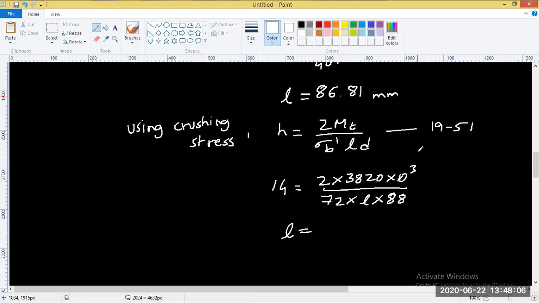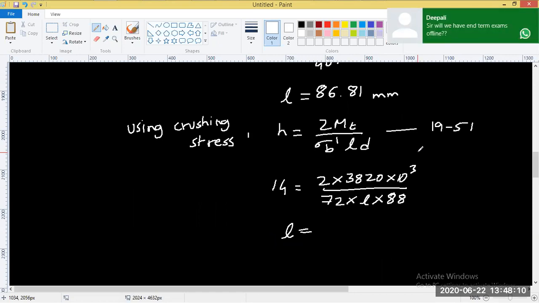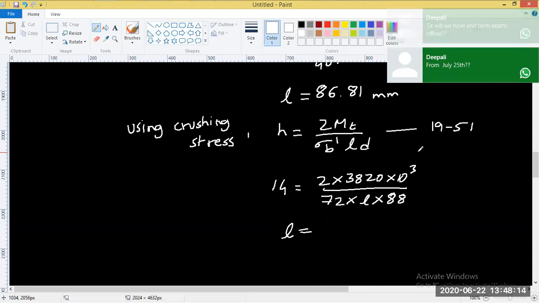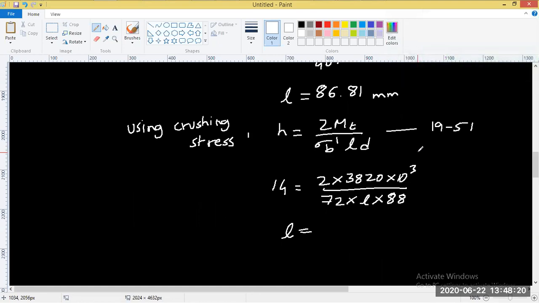So this divided by we have 72 and 88 into it will be 14. Very small difference.